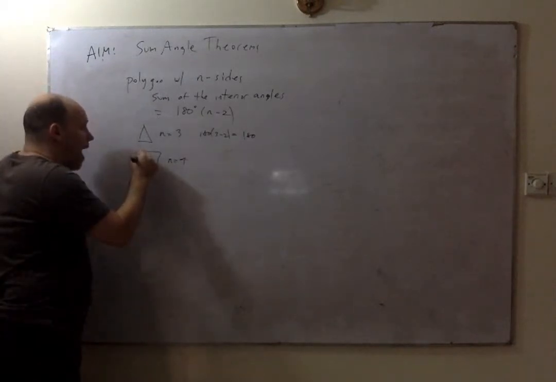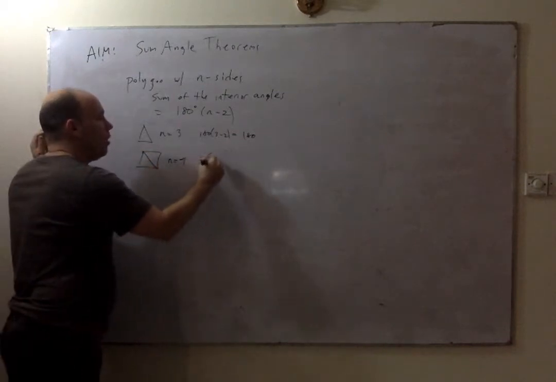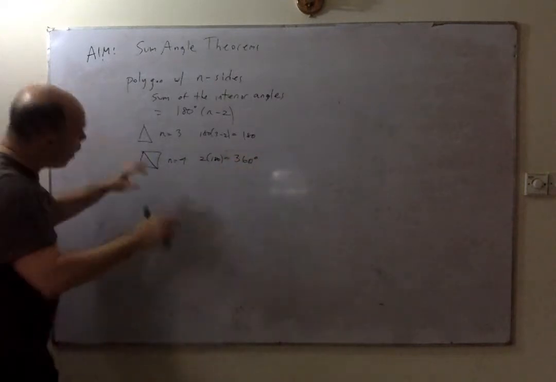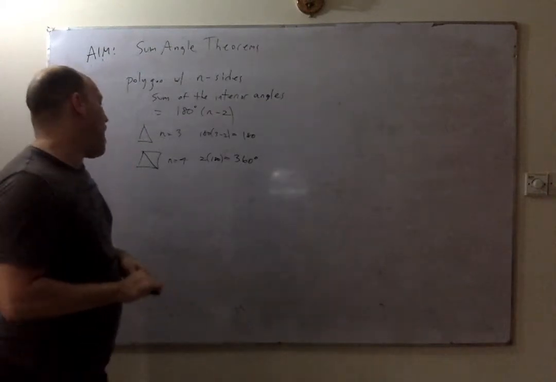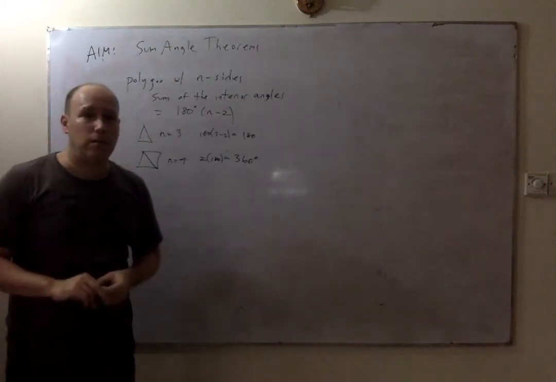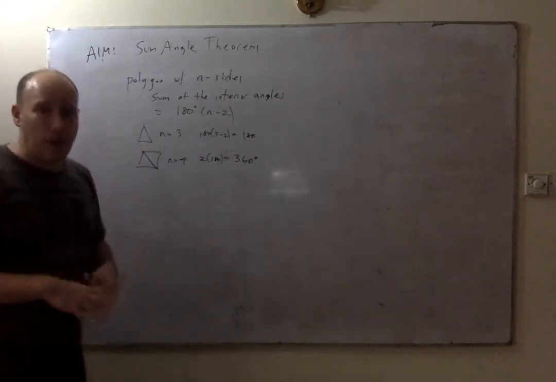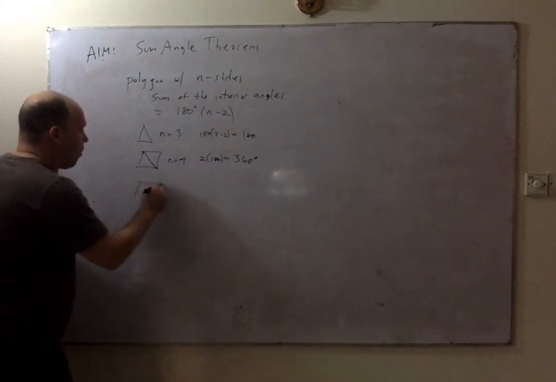If we draw a diagonal in here, we have two triangles, and that gives us 360 degrees. So we can clearly see that the sum of the interior angles of a quadrilateral is 360 degrees. I guess we could use this technique for a pentagon.